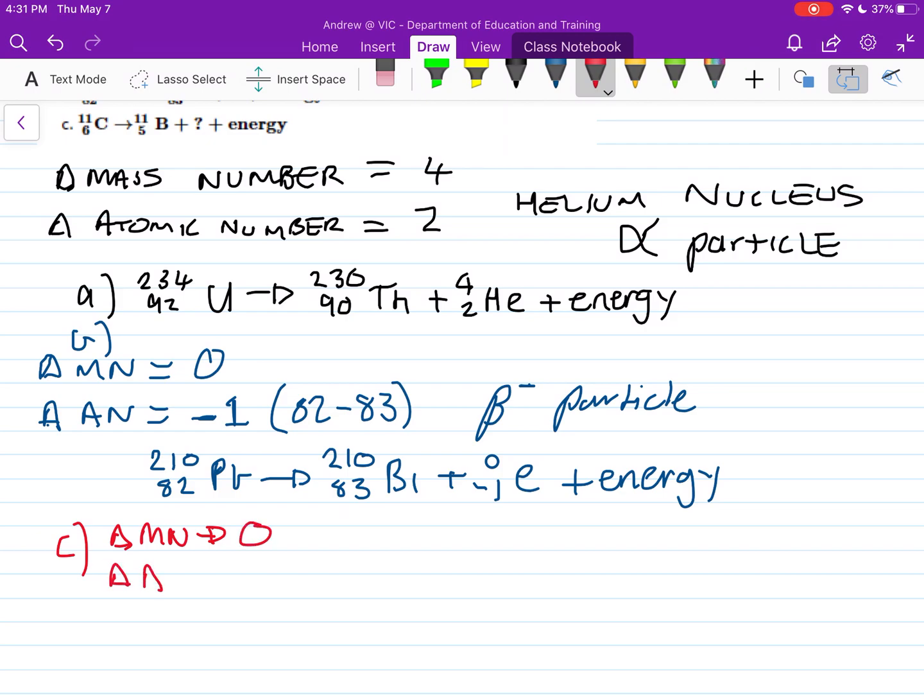Change in atomic number: we go from 6 to 5. Just remember, this is 6 minus 5, so this is equal to positive 1. Make sure you get your positives and negatives right. So this is our positive beta particle.